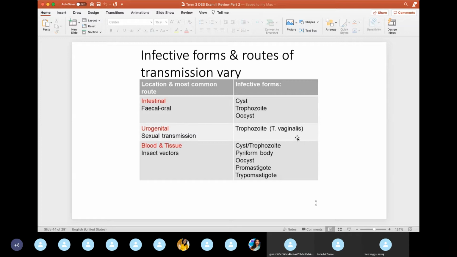For example, Trichomonas vaginalis: you have a greenish discharge in the vagina and a strawberry cervix. That's Trichomonas vaginalis. For blood and tissue, of course, it's by insects. So the infective forms are going to be trophozoite, oocyst, promastigote, or trypomastigote.